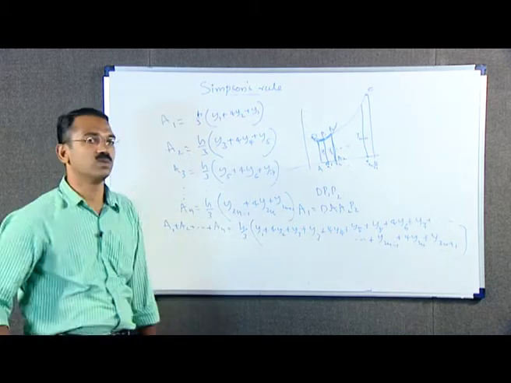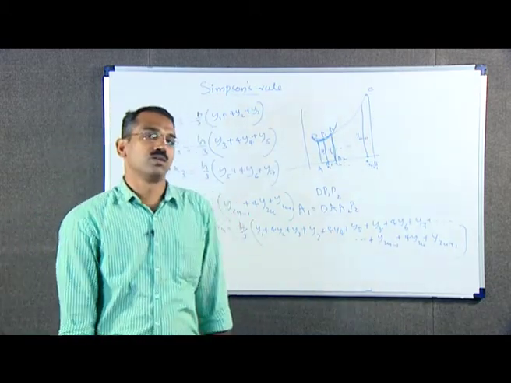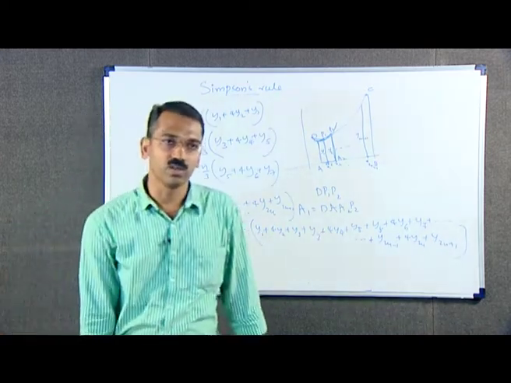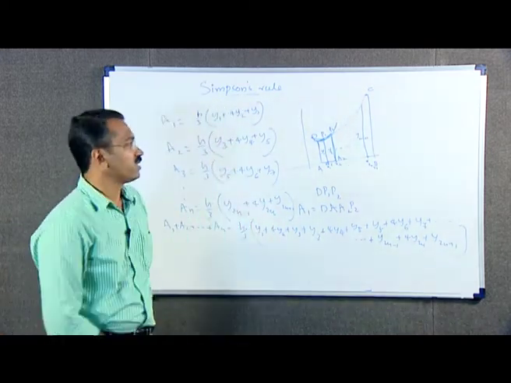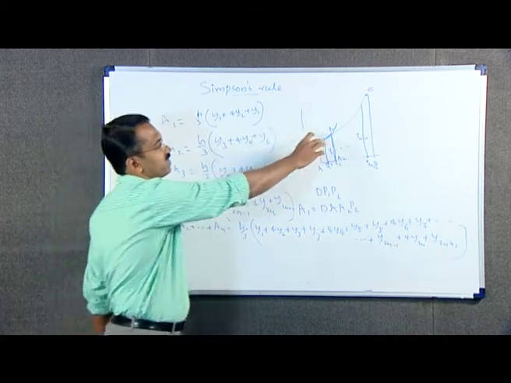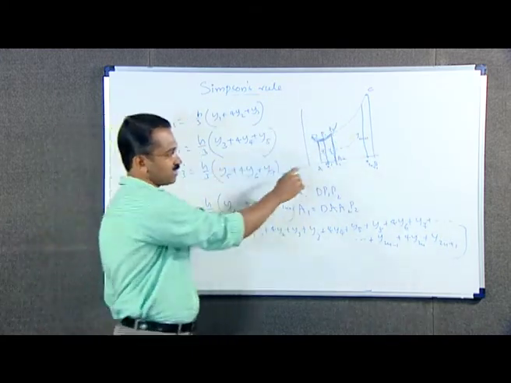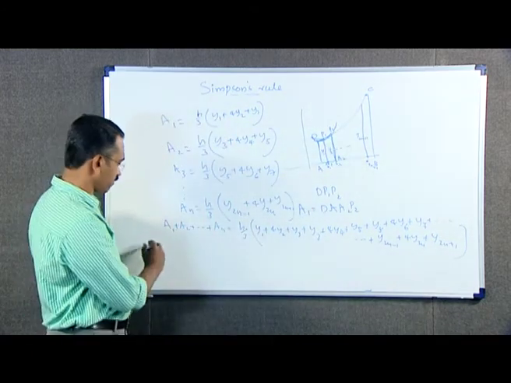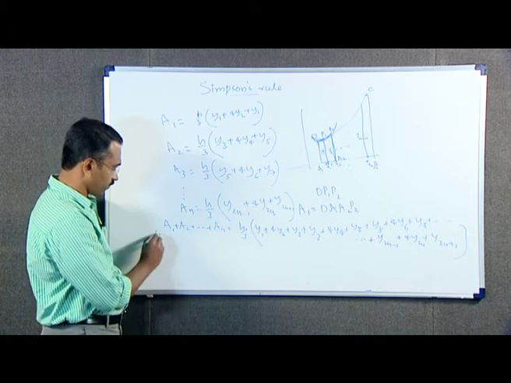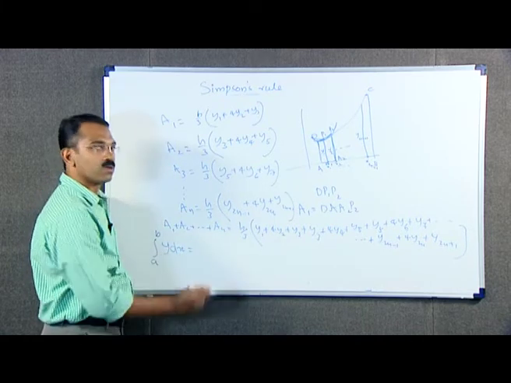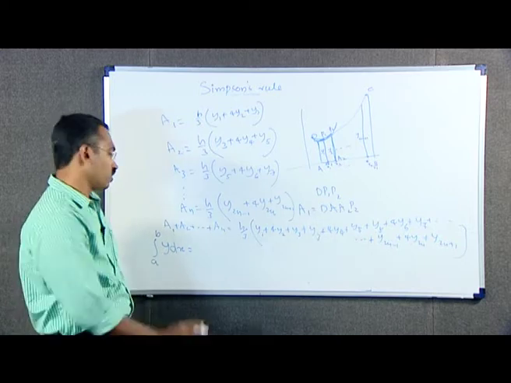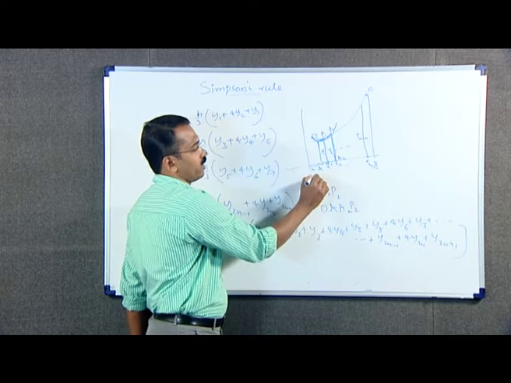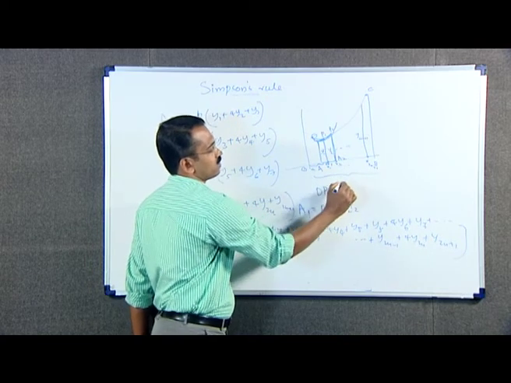H by 3 is common. The total area is equal to this, which is approximately equal to the actual area of the region A, B, C, D, that is integral from a to b y dx, where OA is taken as small a, and OB is taken as small b.